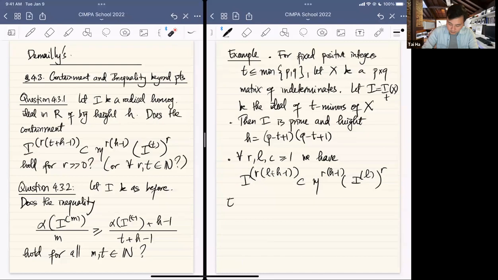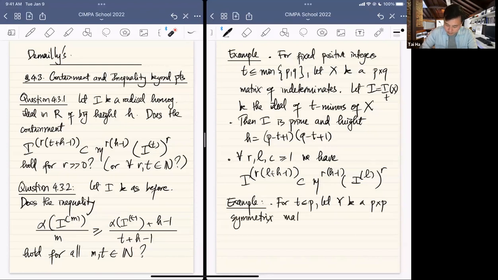You can also, instead of looking at a generic matrix, talk about ideals of a symmetric matrix of indeterminates, right? So maybe for t less than or equal to p, let Y be a p by p, so it's a square and symmetric matrix of indeterminates.